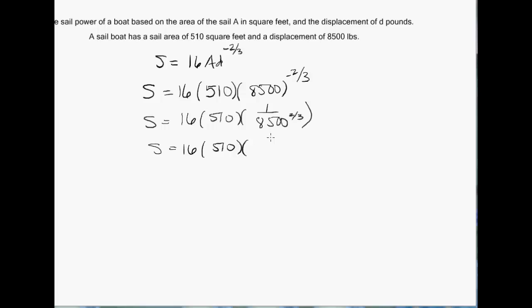So 8,500 to the 2/3 power becomes 1 over, remember we're still dealing with a fraction here, the square root of 8,500, and actually it's going to be the cube root, and that's going to be raised to the power of 2. Again, we're still dealing with exponents, so we're still dealing with this set of parentheses right here. So we have 1 over, what is the cube root of 8,500?